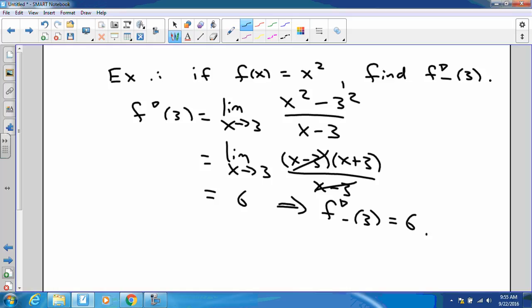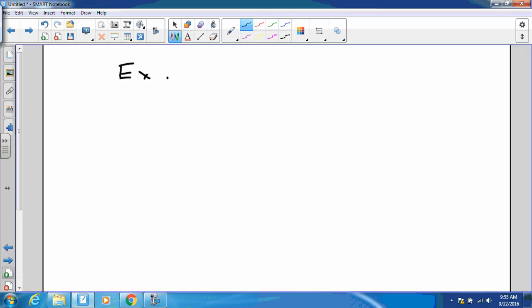This example I present first just to give you an element of common sense. But now let's modify our function just a little bit. We're going to take f of x and break a piece off and replace it with something else.